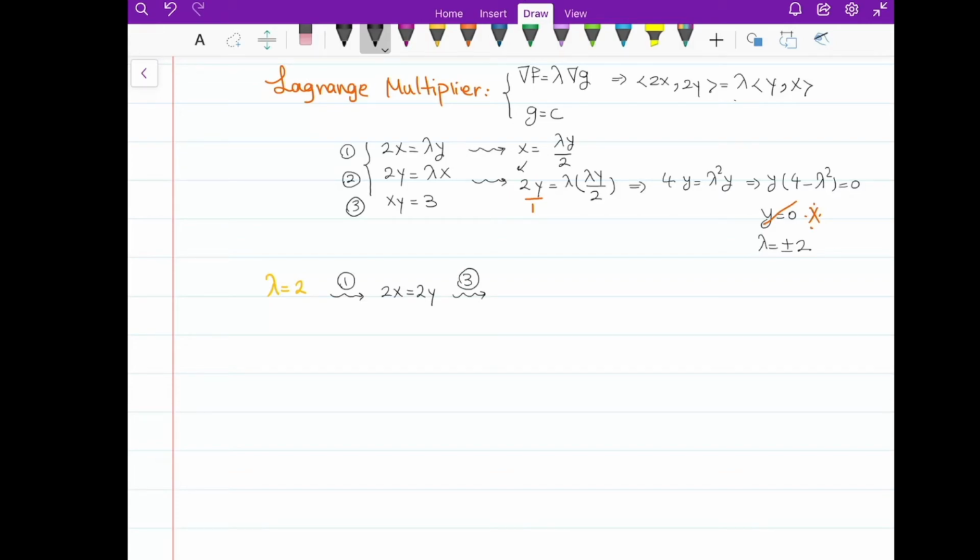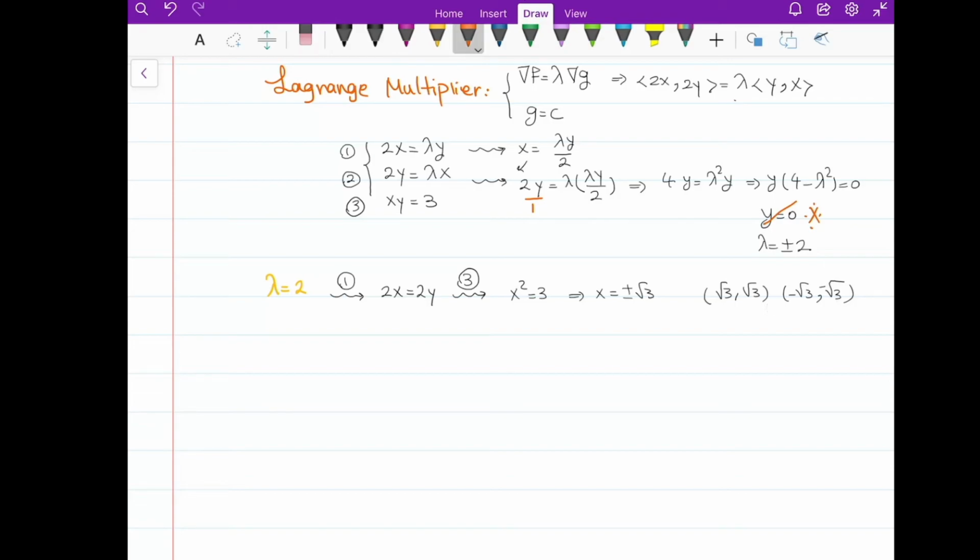Now plugging x equals y into the third equation, I get x squared equals 3, which is x equals plus or minus root 3. So x is also equal to y, and I got these points: root 3, root 3, and negative root 3, negative root 3. This is one set of 2 points.